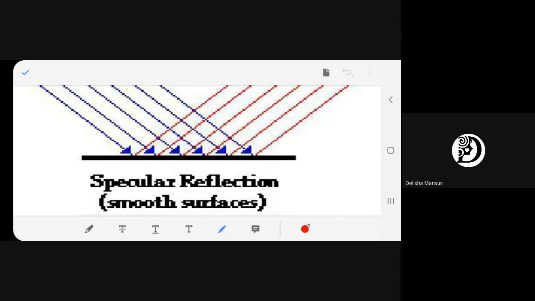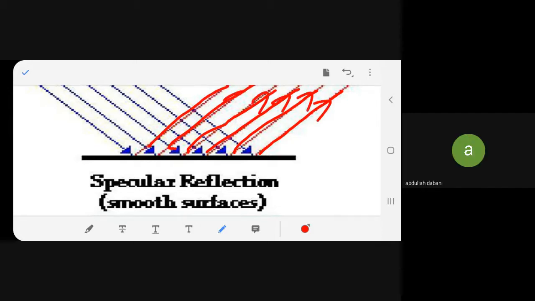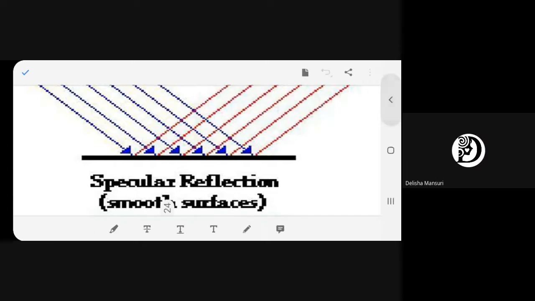The rays which are going back after reflection are the reflected rays, the red lines. They are also parallel. You agree or not? They are also parallel or not? Yes. Okay, so it is uniform. Regular reflection, specular reflection, and the smooth surface.